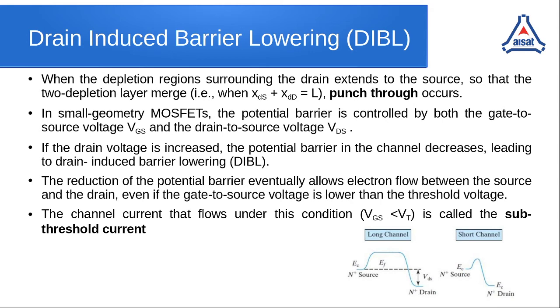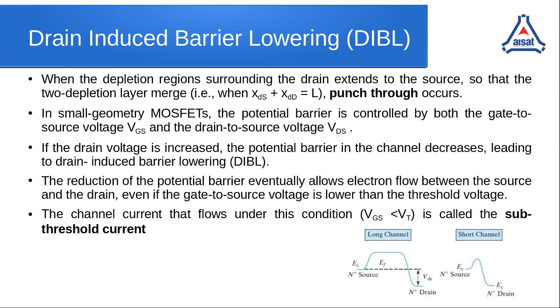XDS is the depletion region at the source side, and XDD is the depletion region at the drain side. When it extends and merges, that becomes the channel length. In that case, punch through occurs. What is punch through?